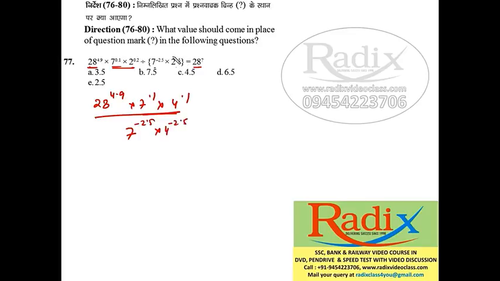We have made this 4 because with 4 it would be 28. So this is 28 to the power 4.9 plus 0.1 minus 2 plus 2.5. Because when this minus power comes upside, it would be positive. It is equal to 28 to the power x. Let the unknown value be x. This is 7.5. So the powers are equal, the answer is B option.